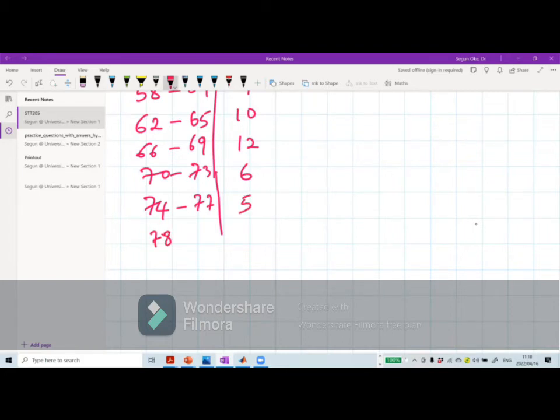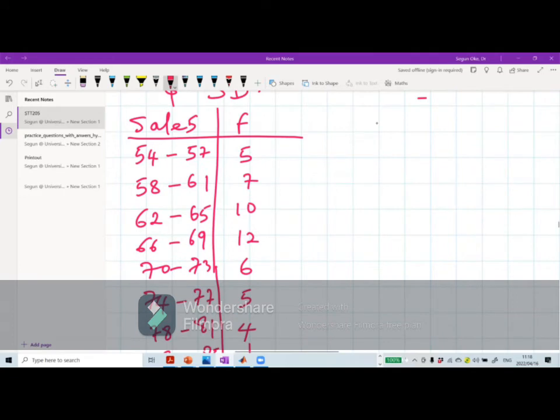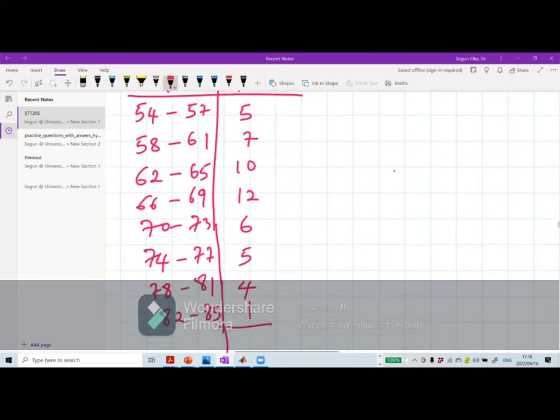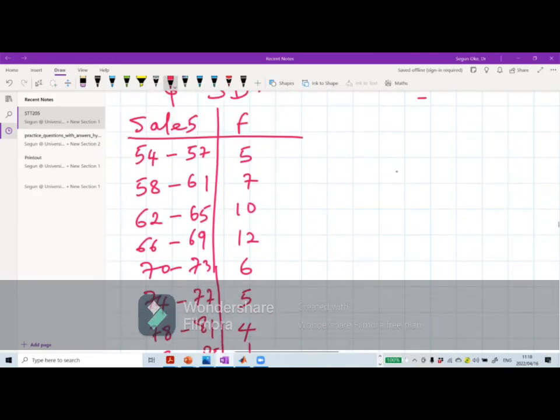We have 78 to 81, we have 4. We have 82 to 85, we have 1. So that is the question. Please, let's write the question down.